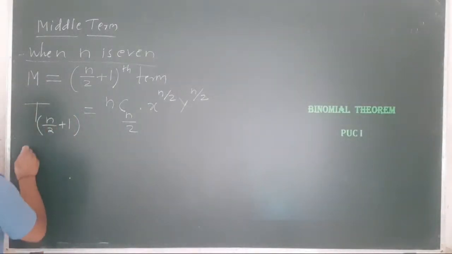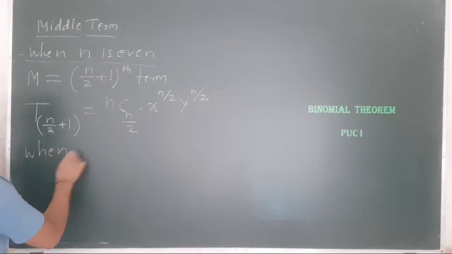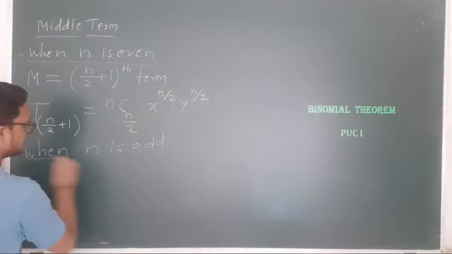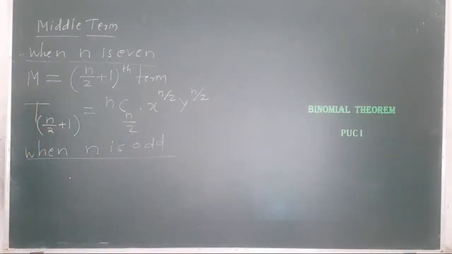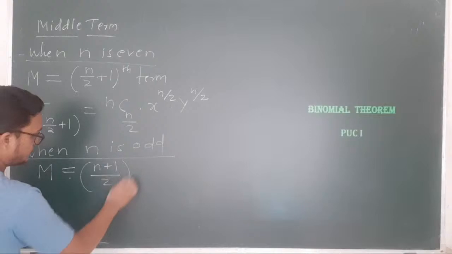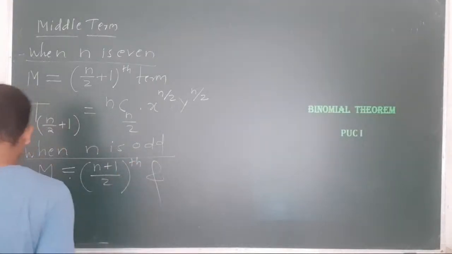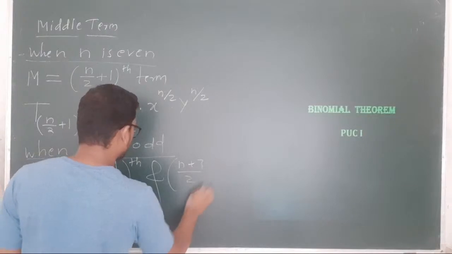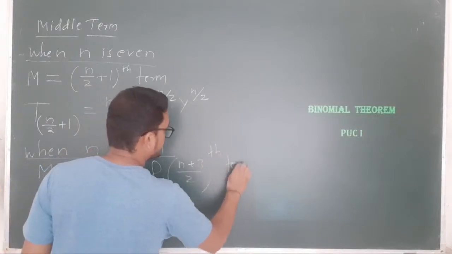Okay, next, when n is odd, there are two middle terms. First one is n plus 1 upon 2th and another one is n plus 3 upon 2th term, or terms you can say.